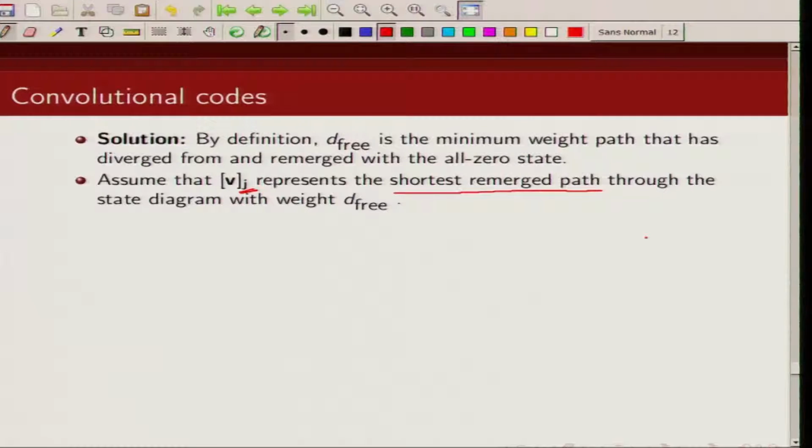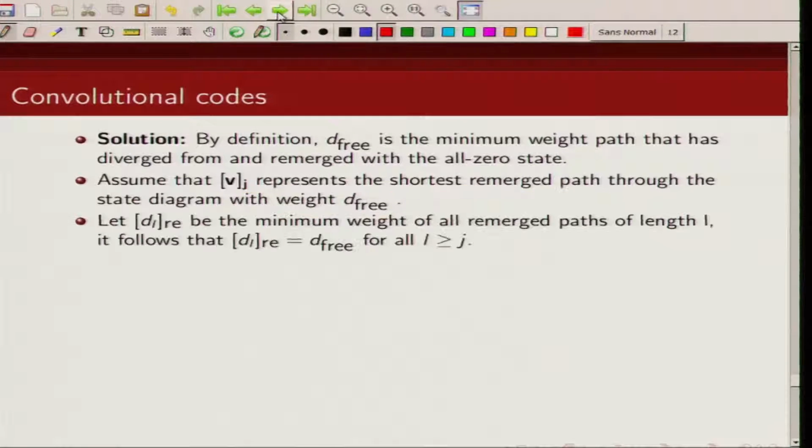Vj represents the shortest re-merged path through this trellis diagram, which has weight d free. So, if t equal to j is the smallest time which represents the shortest re-merged path through this trellis diagram, then what does it mean? It means if we denote by dl the minimum weight of all re-merged paths.